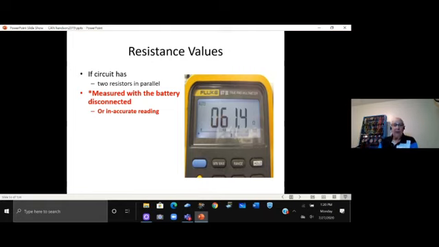If it's on amps, yes. But in this particular case, we're talking about measuring resistance. And the only thing that happens is you get an inaccurate reading. So if I've got power floating around in this circuit, I'm going to wind up with something other than 61 ohms. I come up with some crazy reading.